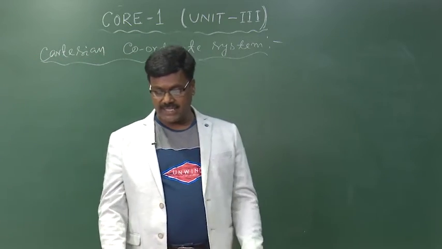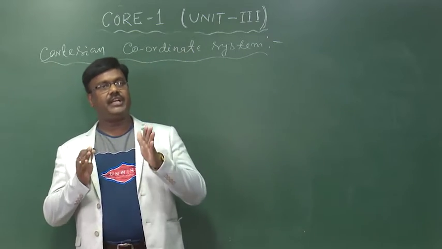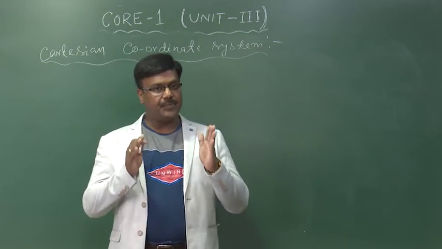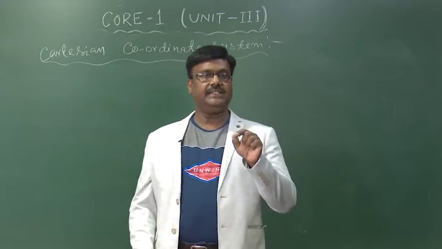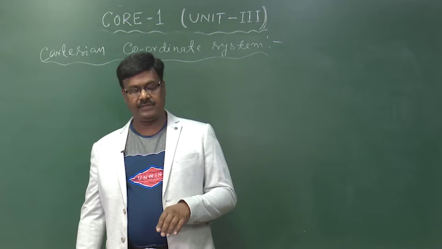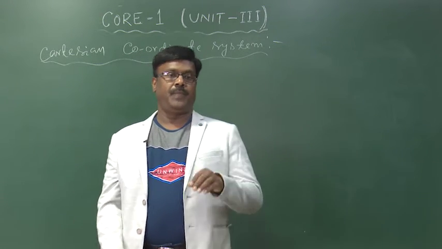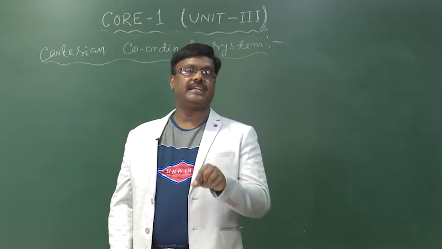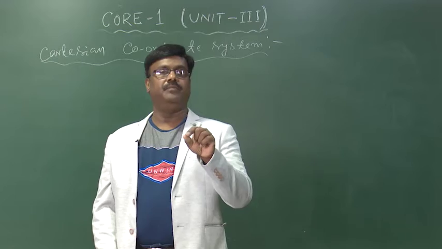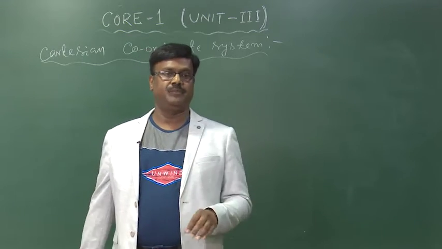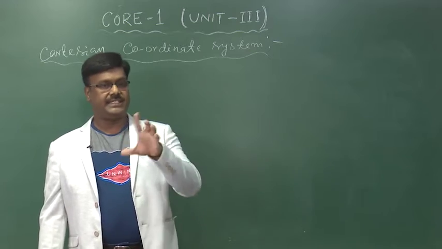What is a Cartesian coordinate system? It is a set of three coordinates represented as the x, y and z axes, and these x, y, z coordinates are the distances of a point in space with respect to the origin of the coordinate system.